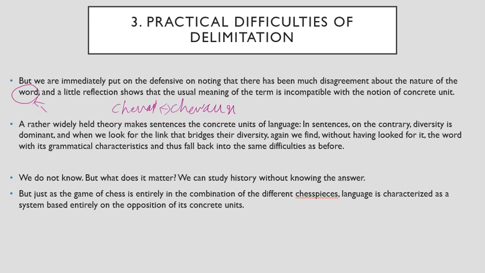And another theory that he mentions is that let's make sentences as the concrete units of language. But this one is even more useless, because in sentences the diversity is so much that we can't find similarities to classify anything.